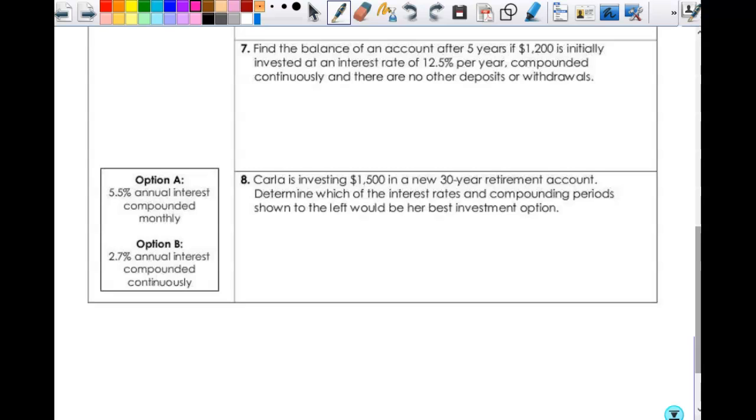So it says to find the balance of an account after 5 years, if $1,200 is initially invested at an interest rate of 12.5% per year, compounded continuously, so there you go, that's e, and there are no other deposits or withdrawals. So we know we're using this formula. A equals 1,200 times e to the rate, 0.125, times the number of years, which is 5.